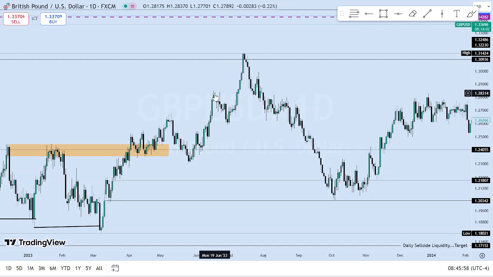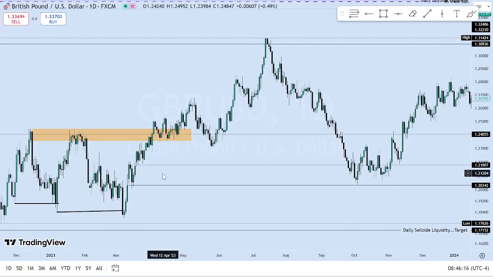We have high, low, higher high, then a break of structure. It takes this low. Here turns to a breaker. This candle is our breaker.